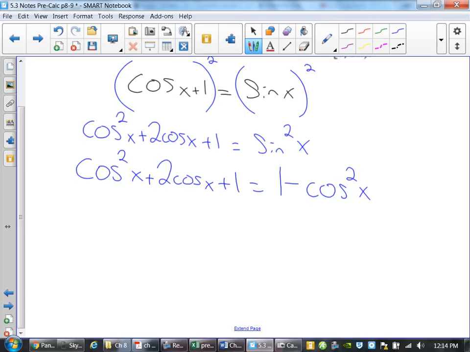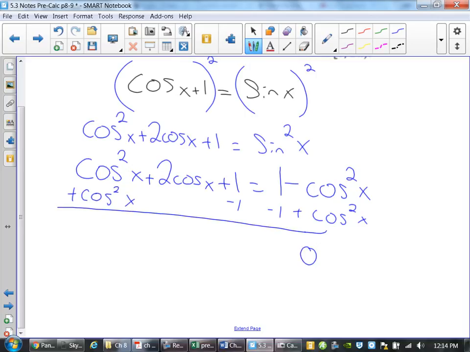So far, so good? Set one side equal to 0. Subtract 1, add a cosine squared. Cosine squared plus cosine squared is? And what do they have in common? Cosine.